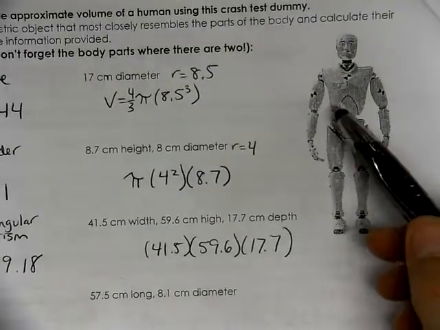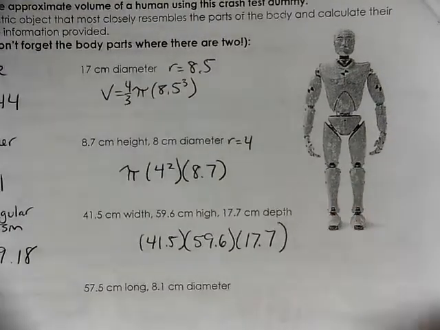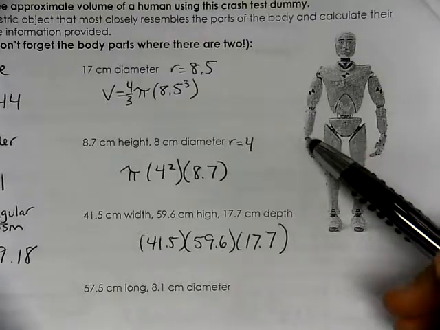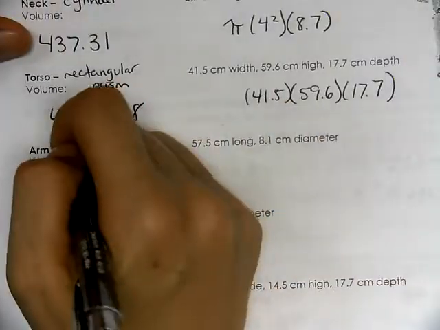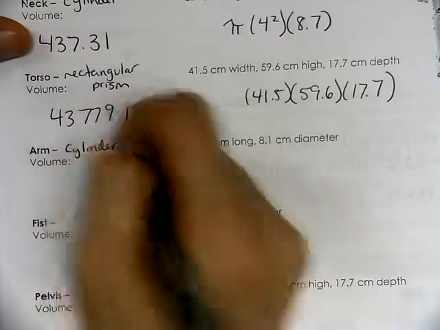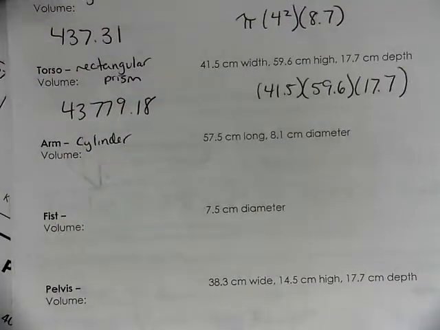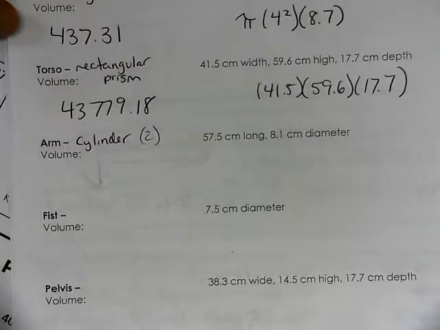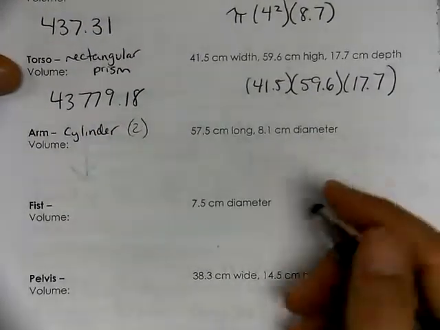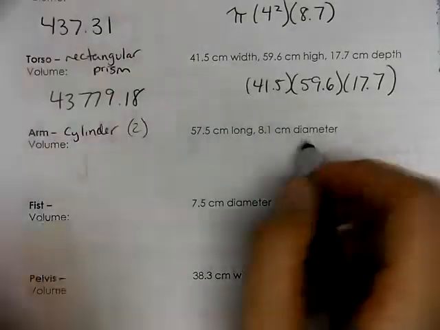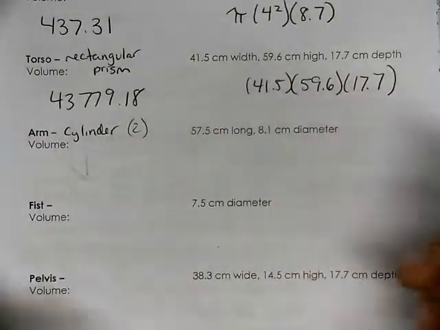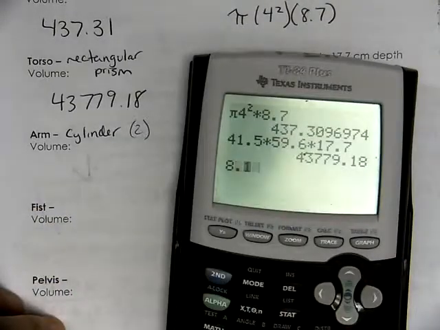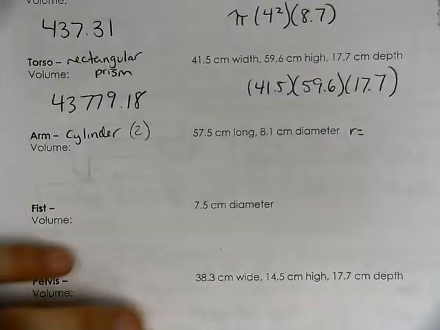His arm. What shape do you think his arm is from here to here? A cylinder again? Now we have to be careful because how many arms does everybody have? 2. So we're going to take our volume and multiply it by 2. Again, it gives the diameter because we can only measure diameter. So the radius here is 4.05.